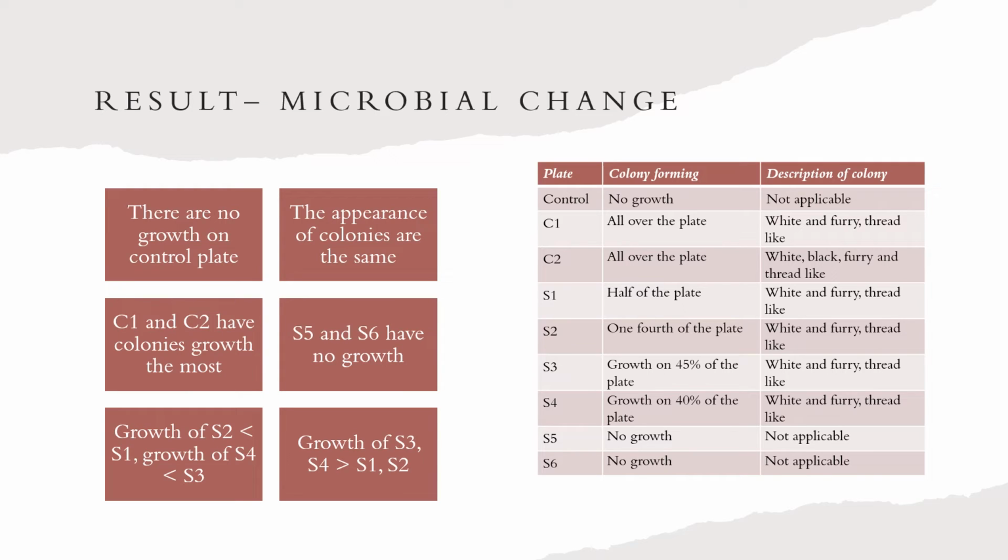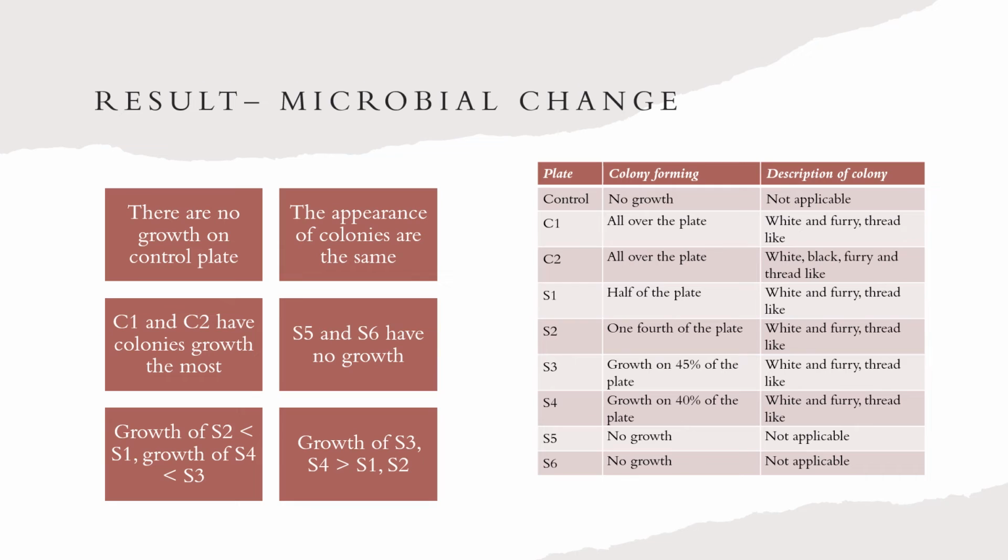Samples C1 and C2 also have the most growth since they are not treated with sugar solution, while samples S5 and S6, which are treated with 40% sugar solution, show no growth at all. Remember that samples S1 and S2 are treated with the same sugar concentration, and samples S3 and S4 are also treated with the same sugar concentration.